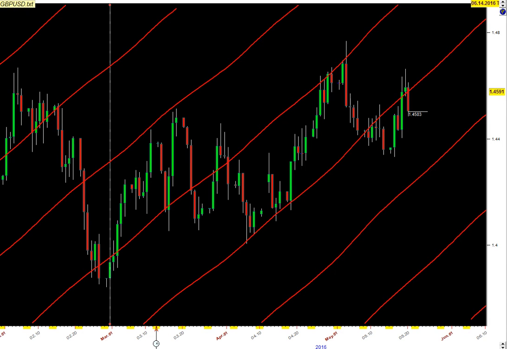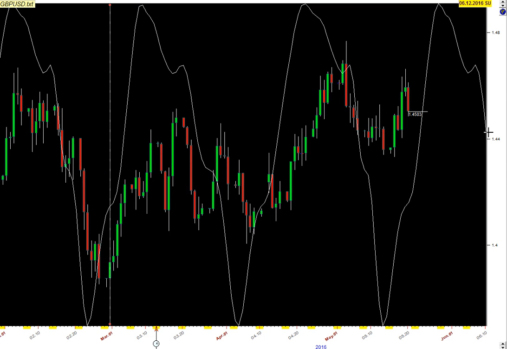Another example on the pound dollar where you could get an edge forecasting with probabilities is using planetary projection lines. So a planetary projection line is forecasting in the future what price action could possibly do.